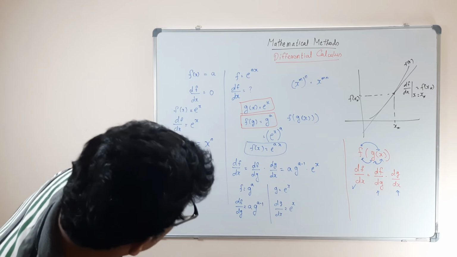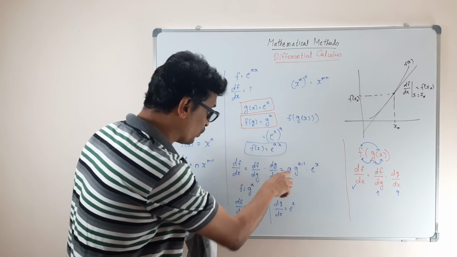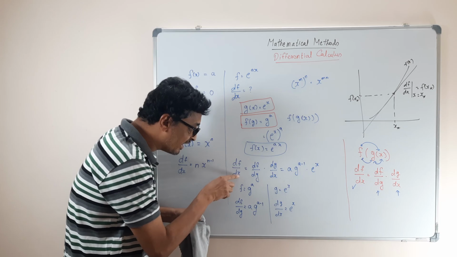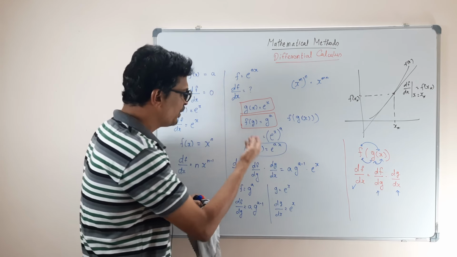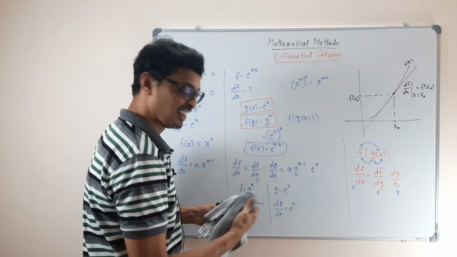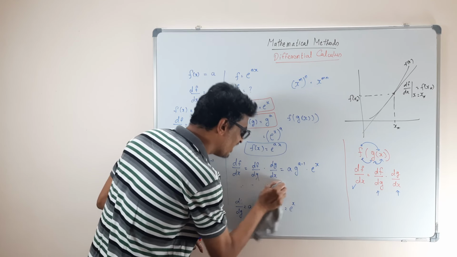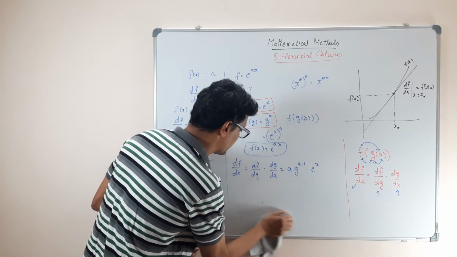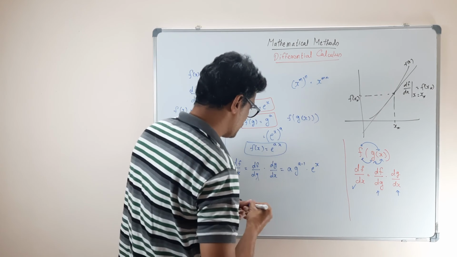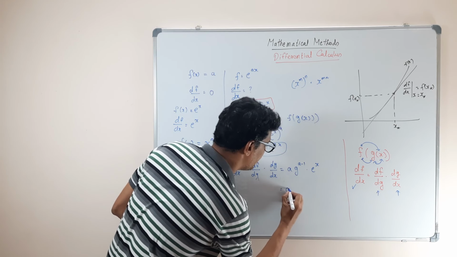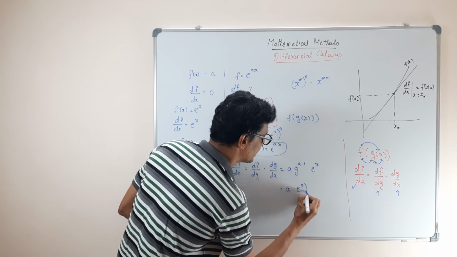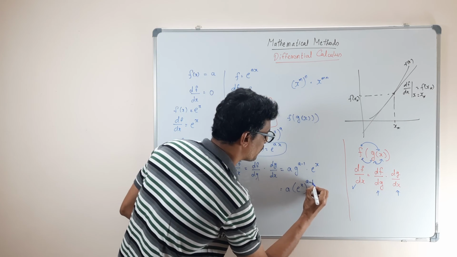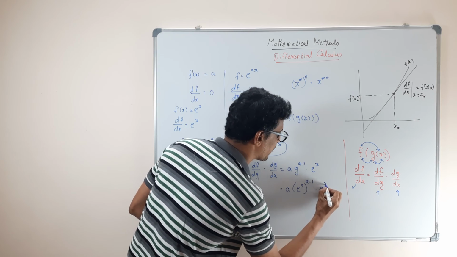Now let us put back, but we don't want g because we want it in terms of x. So we want to replace g. We know what g is. G is e power x. Simple. So this will be a into e power x, power a minus 1, into e power x.